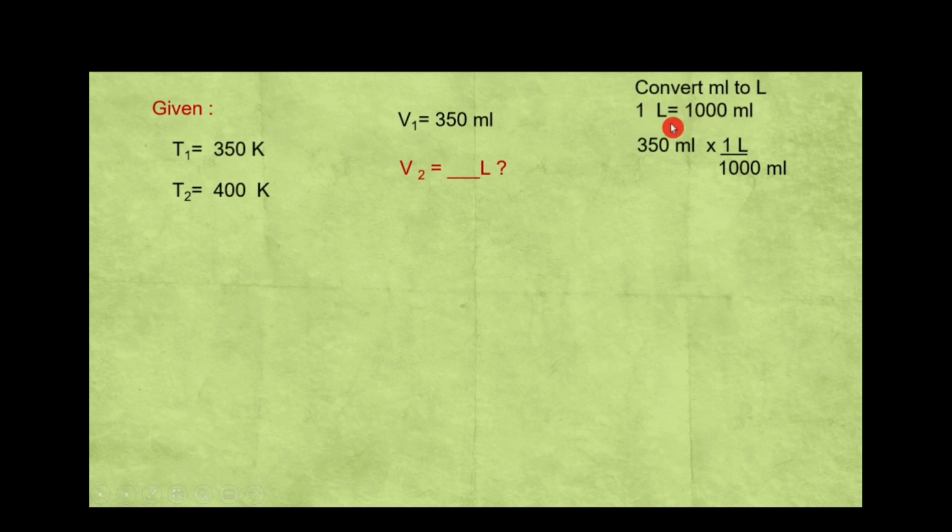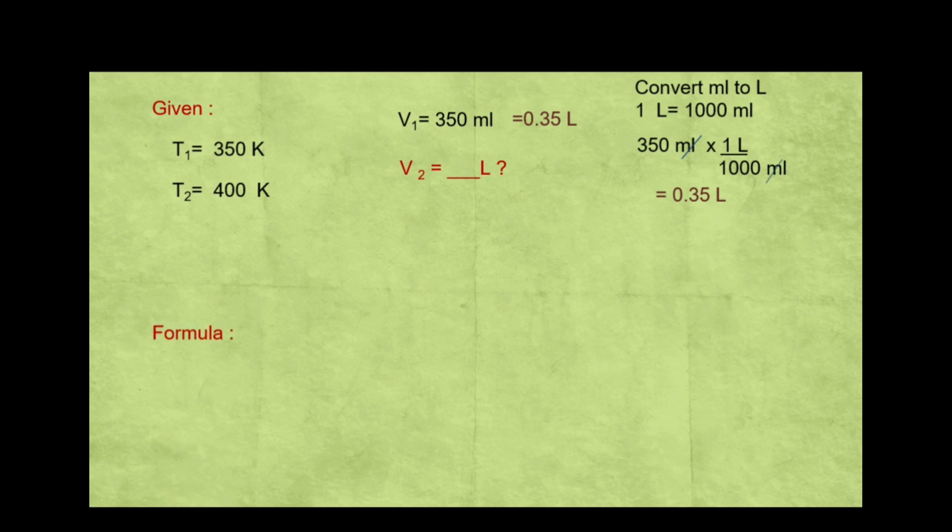So we have 1 liter, so we will place 1 here, and then 1000 ml, so we will place 1000 on this part. Then you will have to cancel the same unit. So that is 350 times 1 divided by 1000. The answer is 0.35 liters. So 350 ml is equal to 0.35 liters.